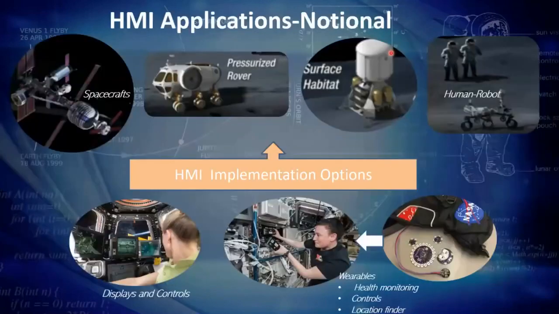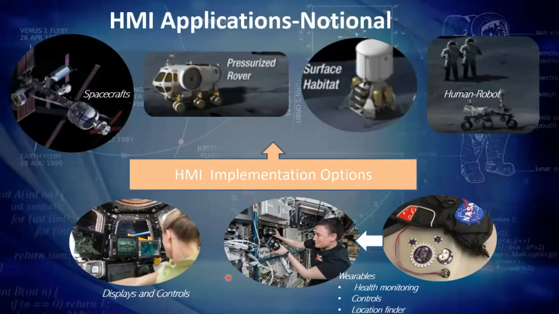Some of the human-machine interface applications that you see here are not just the spacecraft controlling the spacecraft, but we may have a pressurized rover on the moon or Mars, service habitats where astronauts will live for a long period of time, and then the astronaut extravehicular activity with a robot in a collaborative fashion doing a task on another planet.